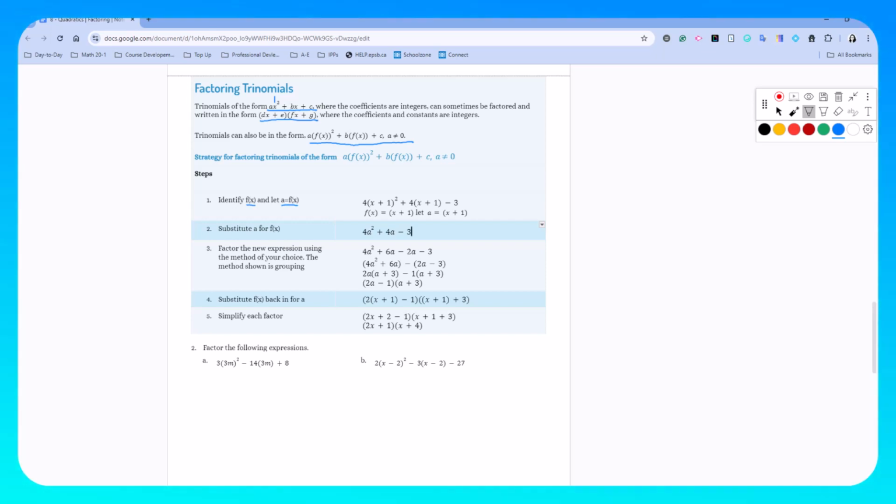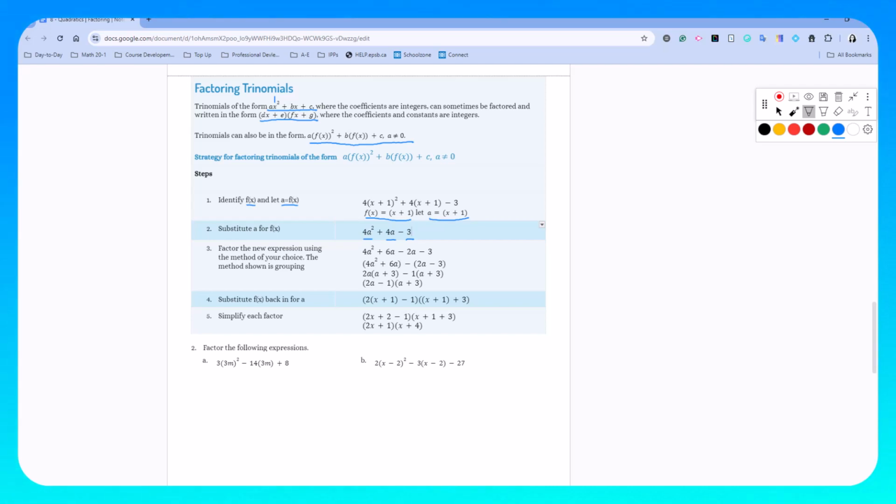In this case, f of x equals x plus 1, and therefore a equals x plus 1, and wherever there's an x plus 1, I'm going to put the a. So now I have 4a squared plus 4a minus 3. Now this is something that we know how to factor.